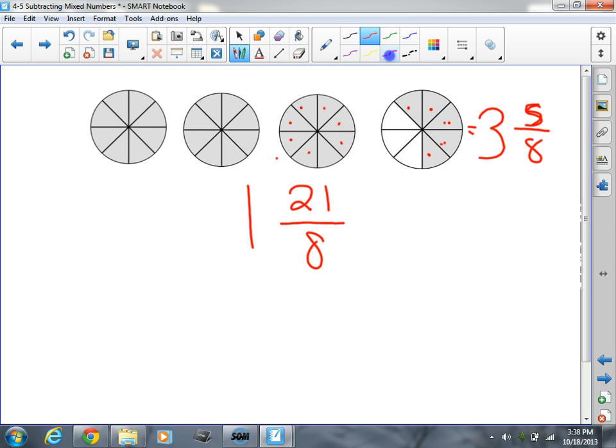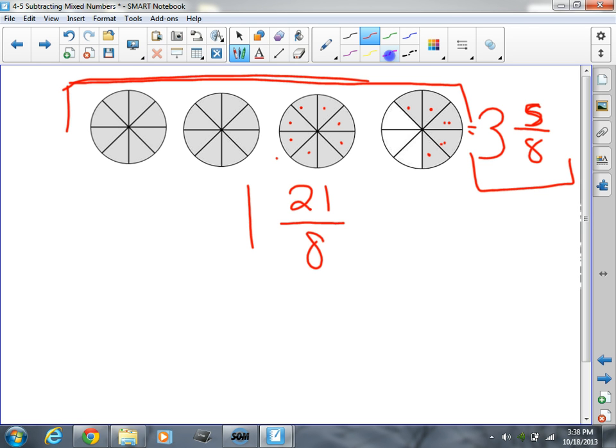So this, ladies and gentlemen, 3 5/8, that is what we call the simplest form. But these fraction pies represent something that's incredibly important. They represent what we would call actually several different numbers. Because as I just showed you, I could write this whole thing as 2 13/8. I could write it as 1 21/8.